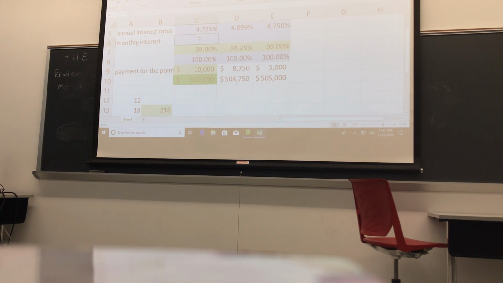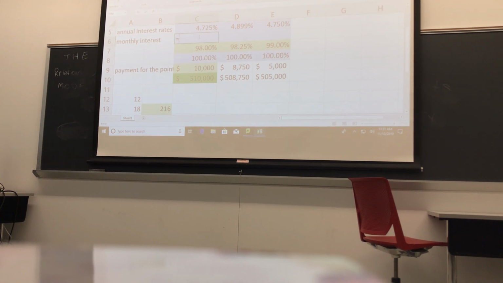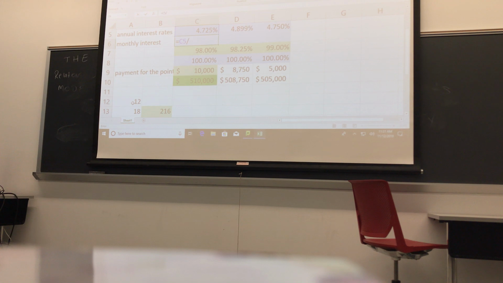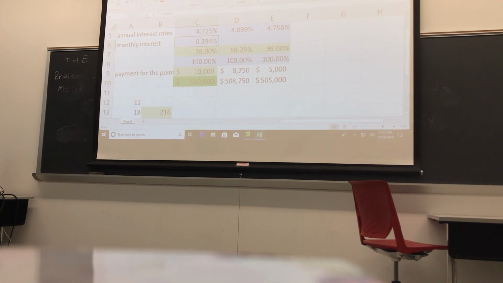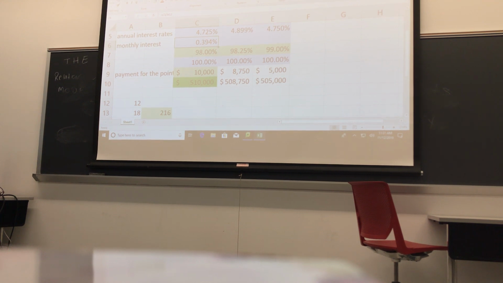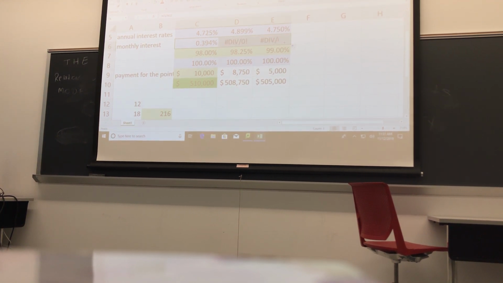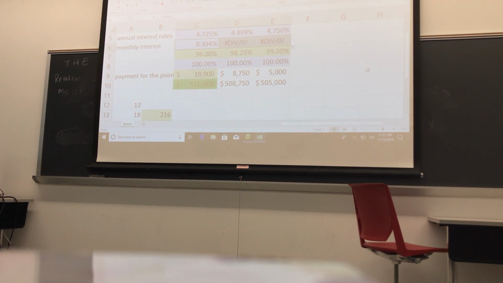And the monthly interest rate is what? The annual rate divided by the 12 months. If I take it and I drag it, do I get correct information? No. Why not?